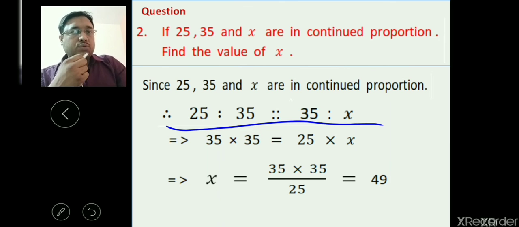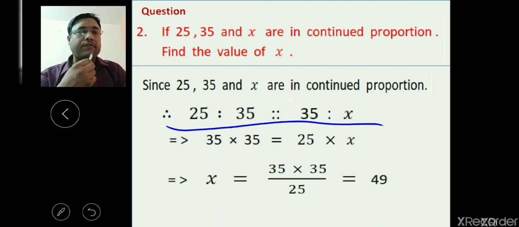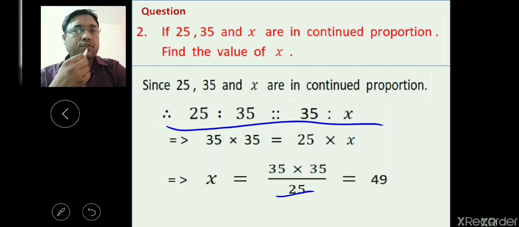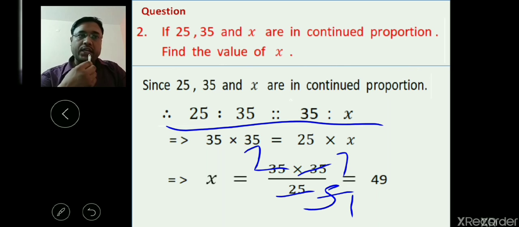So x equals 35 into 35 by 25. So 35 into 35 by 25, this you will solve. Then 5 into 5 times 25, 5 into 7 times 35, again 5 into 1 time, and 5 into 7 time. So result is 7 into 7, means 49 is the answer. That is 49 is the value of x, and it is the third proportional also.